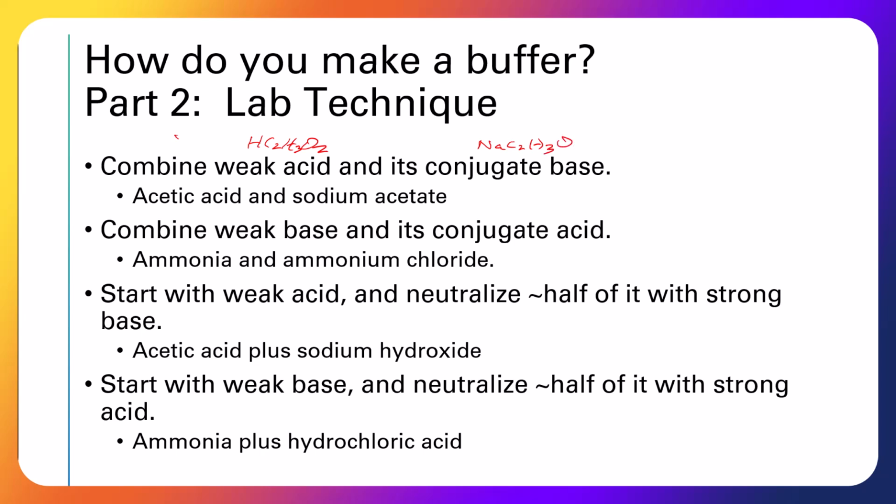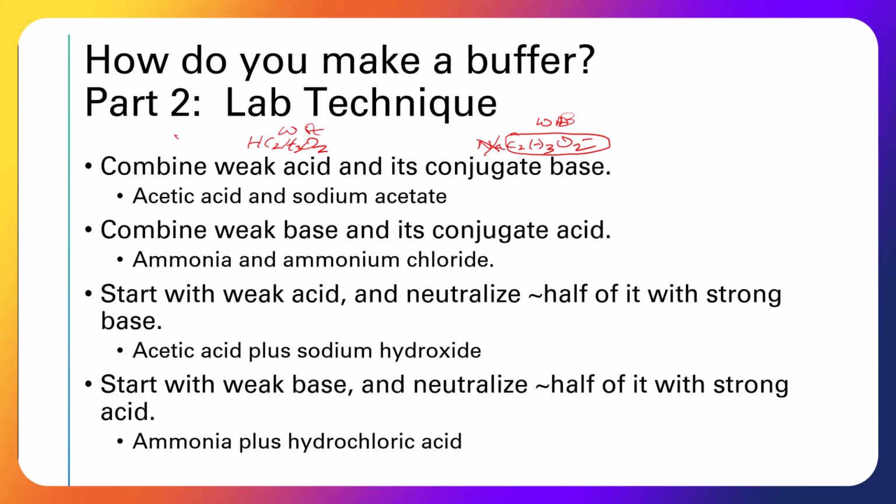And so that is one way. Don't worry about the sodium. We know that it's inert, but we've got conjugate weak base here, and we've got weak acid. And if we have equal molar amounts of these in solution, we're going to have our buffer system. So acetic acid and sodium acetate.